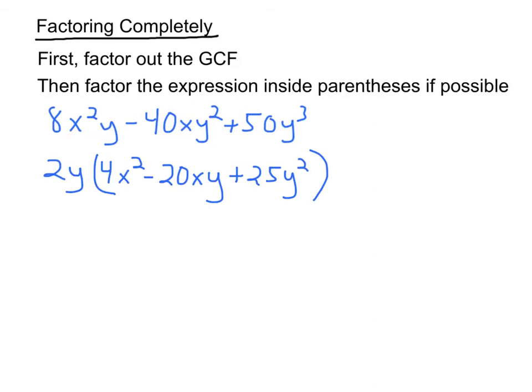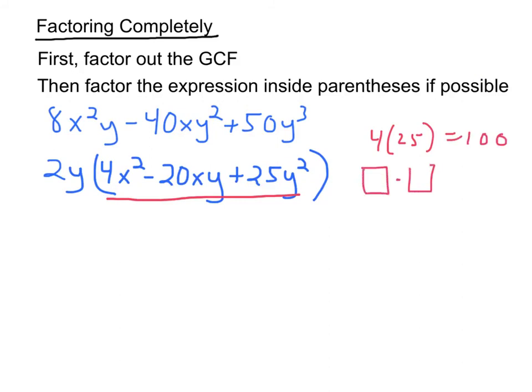Now we want to try to factor this expression that's inside the parentheses. Now since the coefficient in front of the squared term is a 4 and that's not 1, we'll use the procedure we just learned. So we'll take the 4 times the 25 on the side, and we'll multiply them together. So 4 times 25 is 100. So we need to find two numbers that multiply out to equal 100, and that those same two numbers add up to equal the middle coefficient, negative 20.